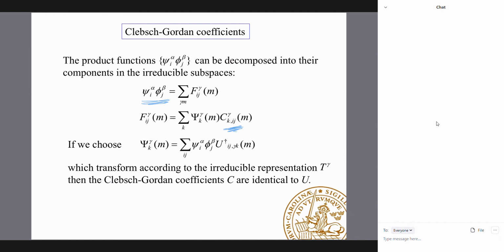So this is my Clebsch-Gordan. It's the same thing. I form linear combinations of this product of two angular momentum states, such that this thing is now the total angular momentum states, because it transforms according to the representation gamma, which is the capital J.